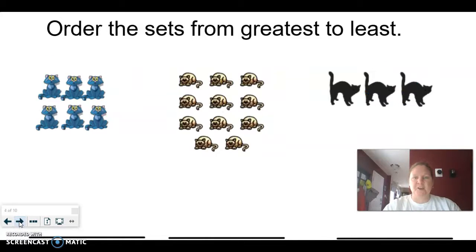All right, let's look at this one. Order the sets from greatest to least. Okay? Let's figure out how many. How many cats? I'm not going to count. You count. Good. 6 blue cats. Okay? How many brown cats?